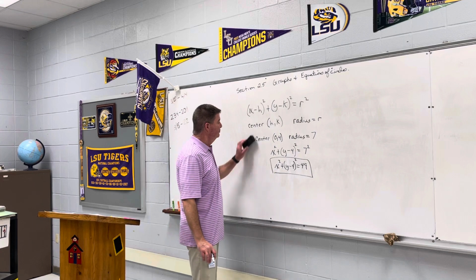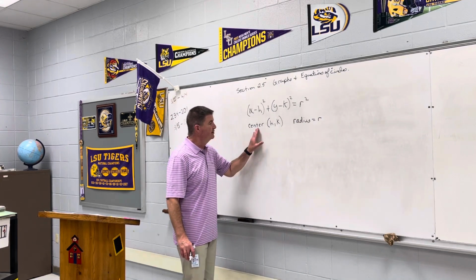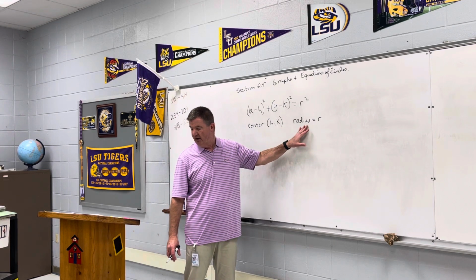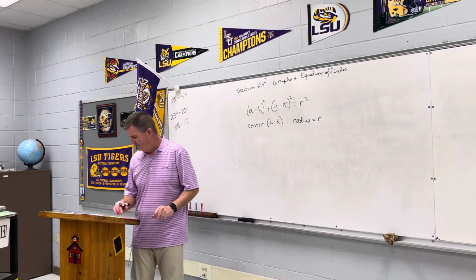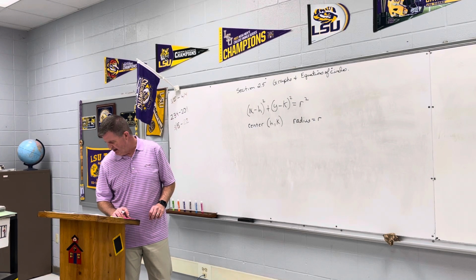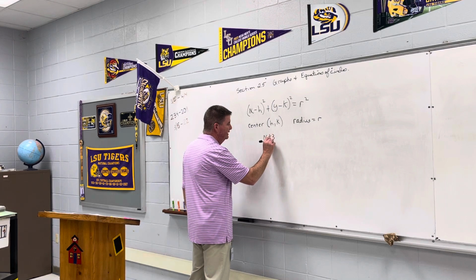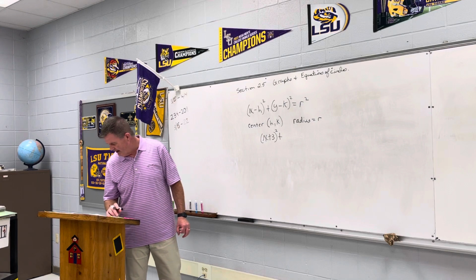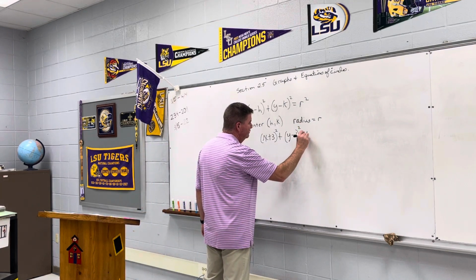And finally, in example number 4 it says find the center and the radius, just like we did on example number 2. But it also says to graph it. So we're given an equation, (x plus 3) squared plus (y minus 1) squared equals 4.